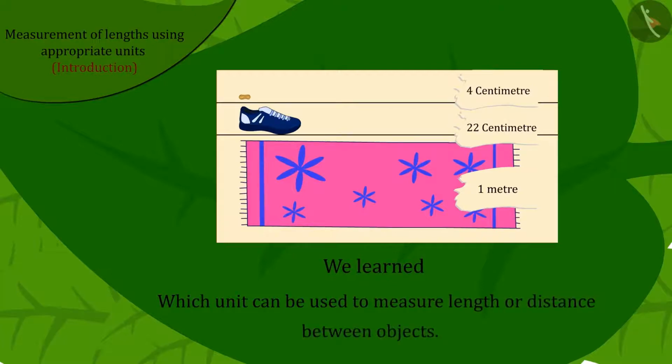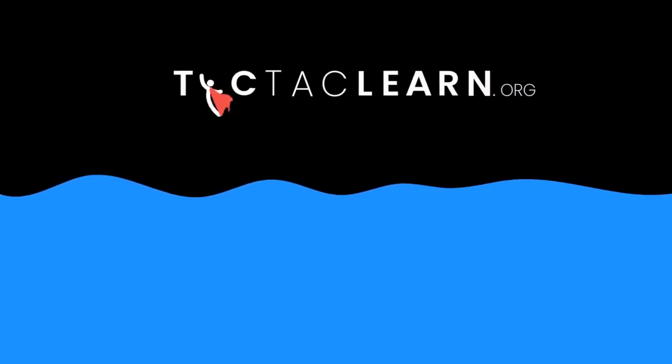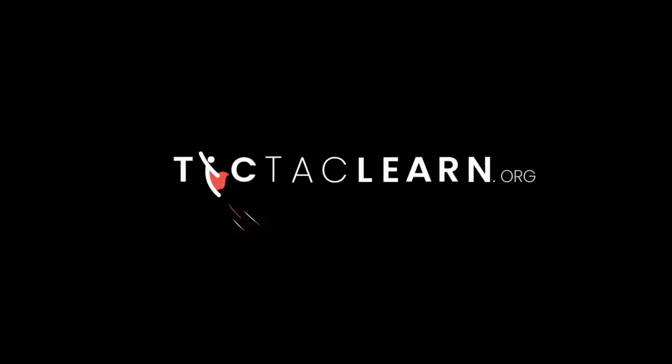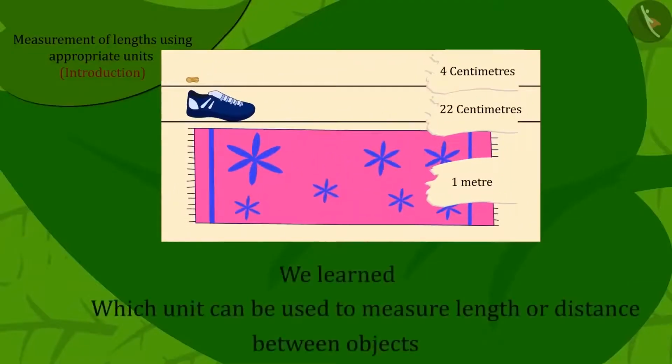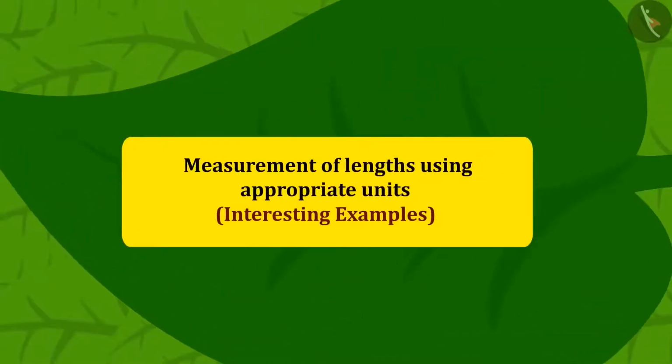In the next video, we will learn more about it with some interesting examples. In the previous video, we learned to use the appropriate unit to measure the length or distance between objects. In this video, we will learn more about it with some interesting examples.